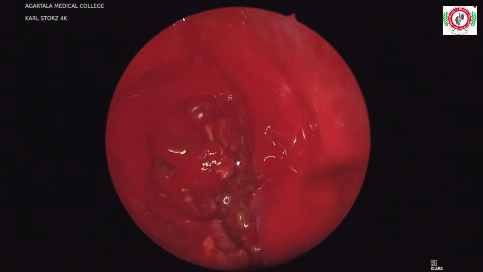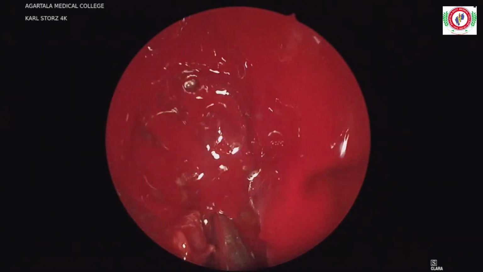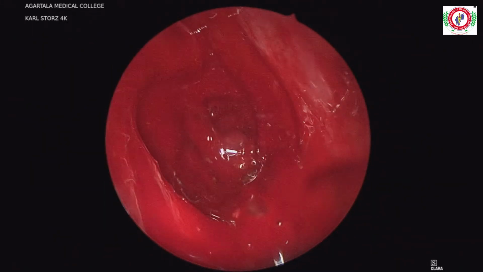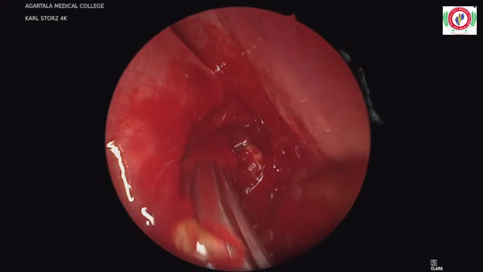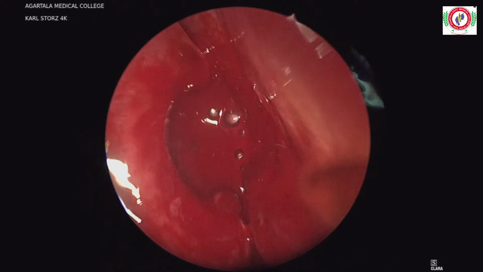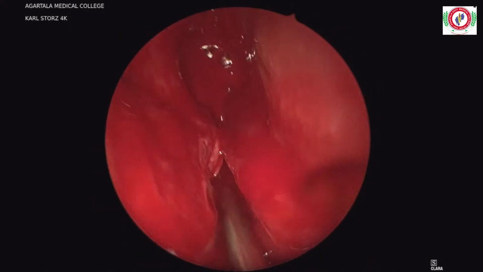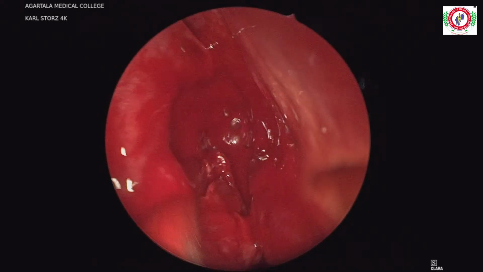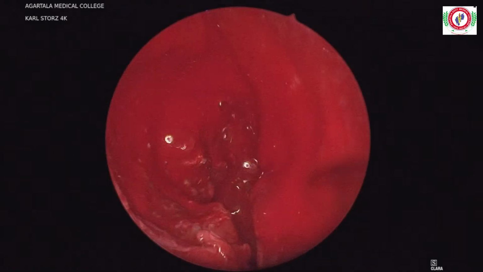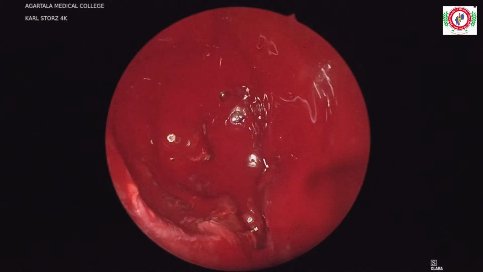Give me a suction and a forceps, please. I don't think the patient has any previous biopsy report, because every time it was operated as an AFRS only. So this part is always a little bloody.